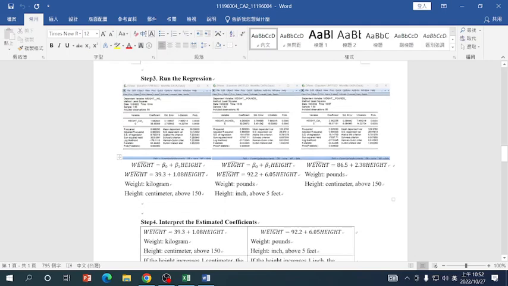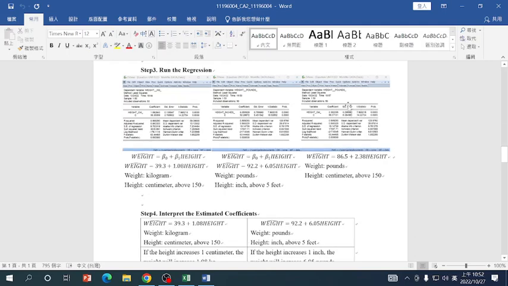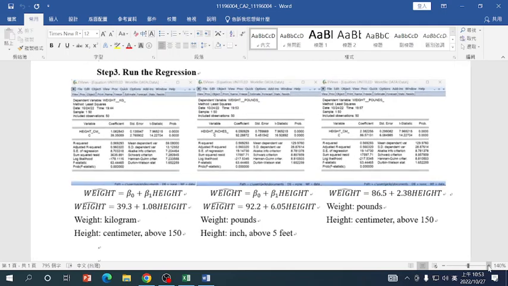Then we generate another equation so as to compare the relationship between the x variables. We use the y variable in pounds and the x variable in centimeter, and we got this estimated equation.